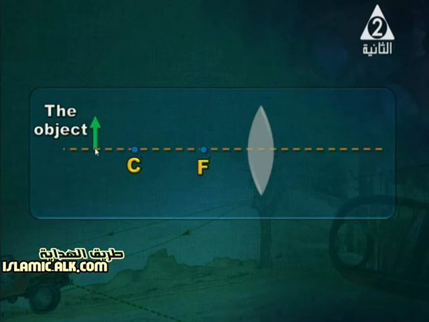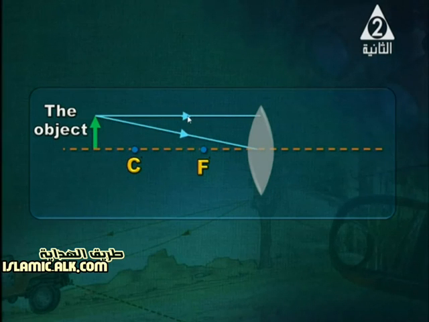The object stands at a distance larger than the radius of this lens. This object will send two rays. The first ray is parallel to the principal axis, the second ray passes through the optical center of the lens. The first ray will refract passing through the focus, and the second will pass without any refraction. At the point of intersection of the two refracted rays, the image is formed.